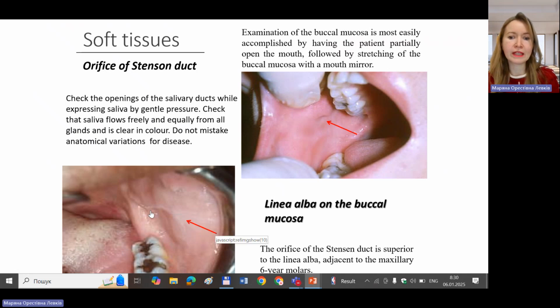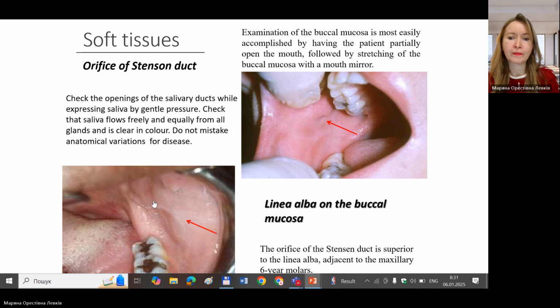Yes, so linea alba that is depicted over here is an anatomical structure of the buccal mucosa, and possibly by mistake could be diagnosed as, let's say, leukoplakia.